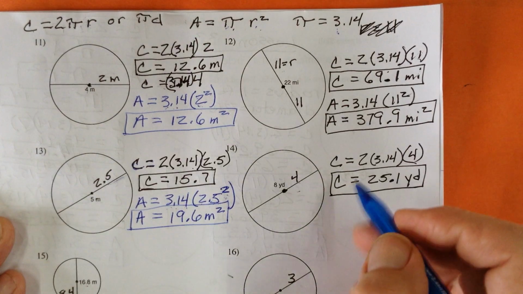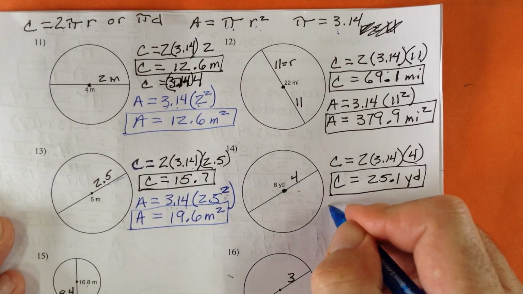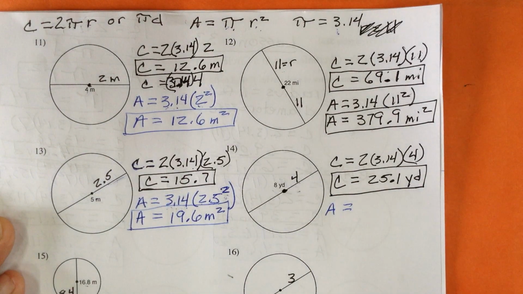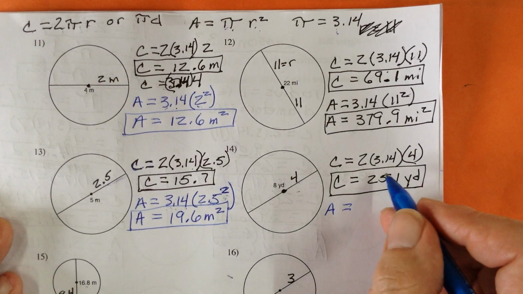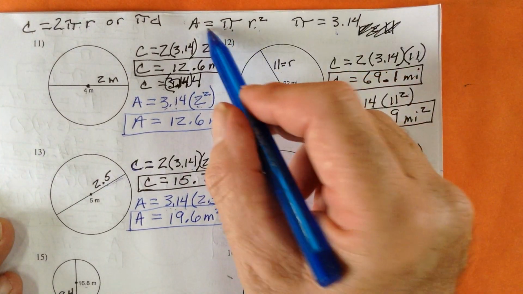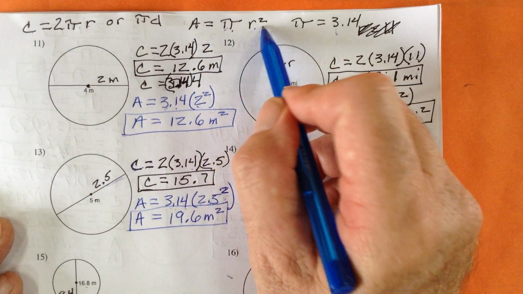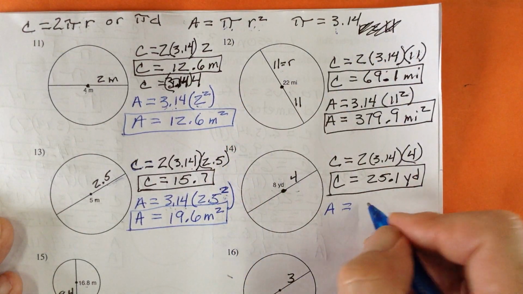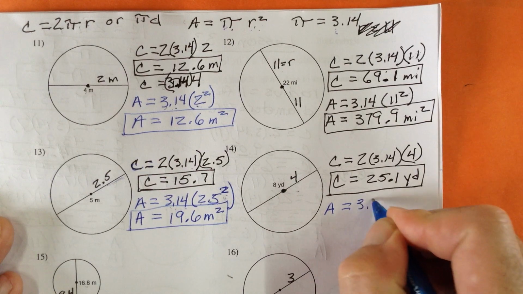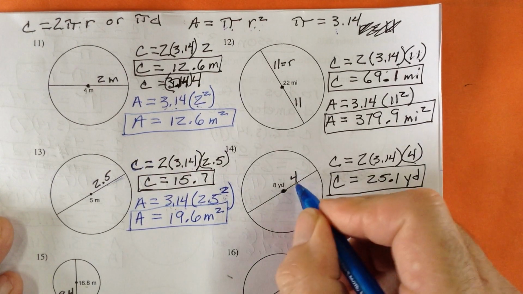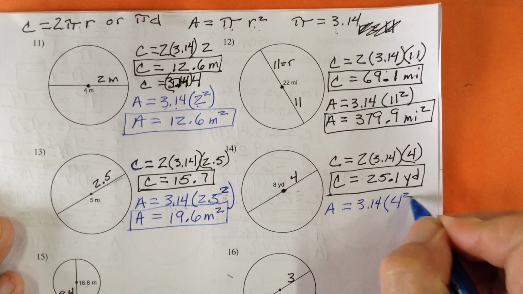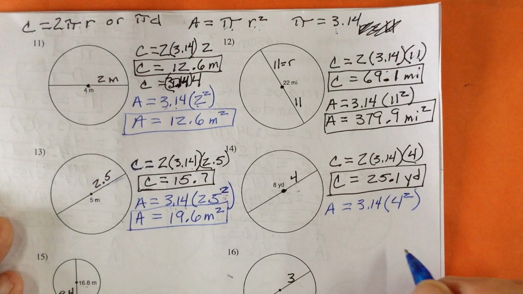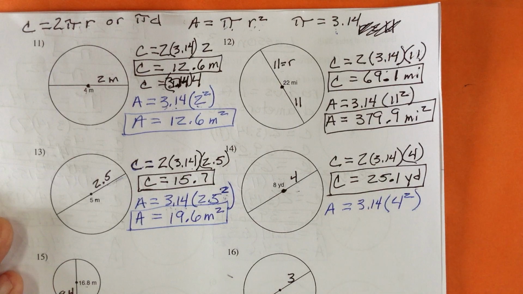Okay, to find the area, you will want to do this one right here, pi r squared, pi radius squared. So pi is 3.14, the radius is 4 times itself, so that would be 16. 4 times 4 is 16.